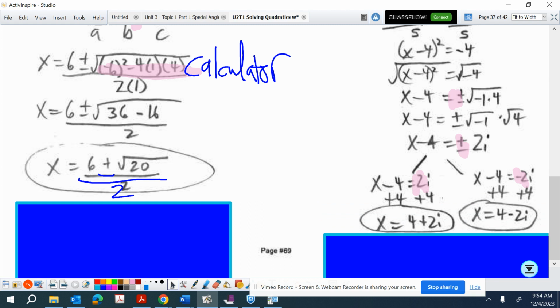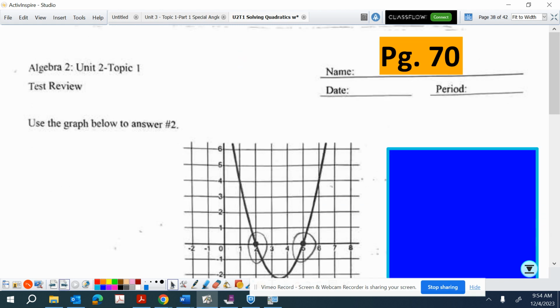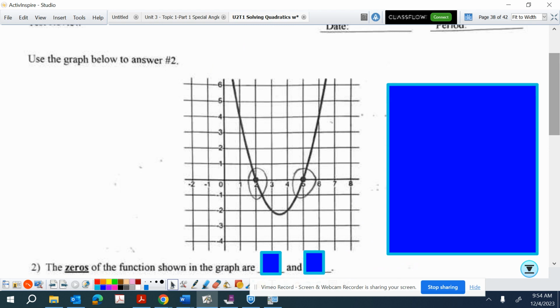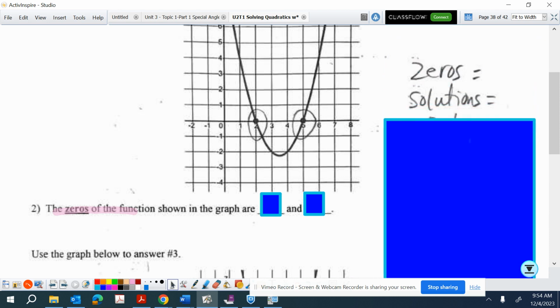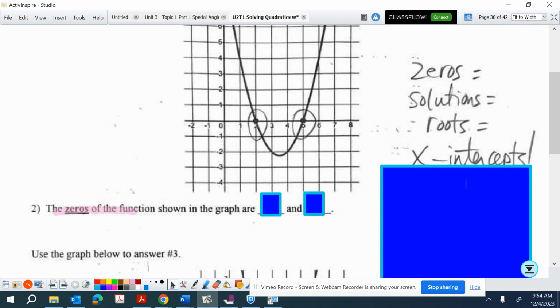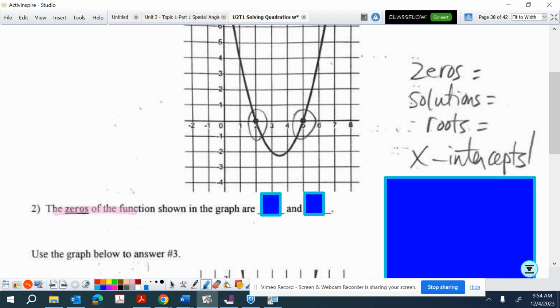Next page, please. Page 70. Okay, page 70 requires you to find the zeros of the function. So I'm going to remind you of words that mean the same thing as zeros, so it's easy to find on your graph. Zeros are the same as solutions, are the same as roots, and most importantly for a graph, the same as x-intercepts.